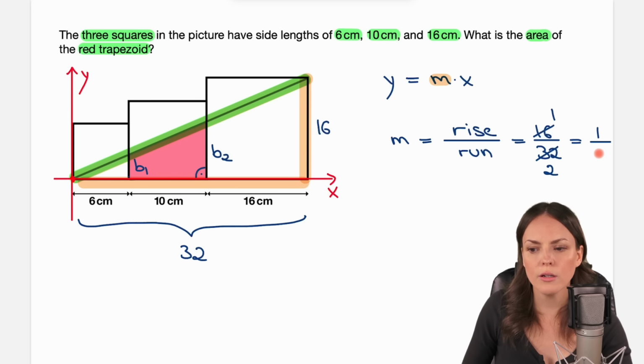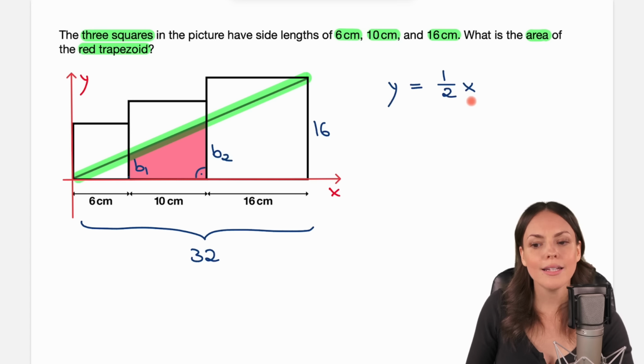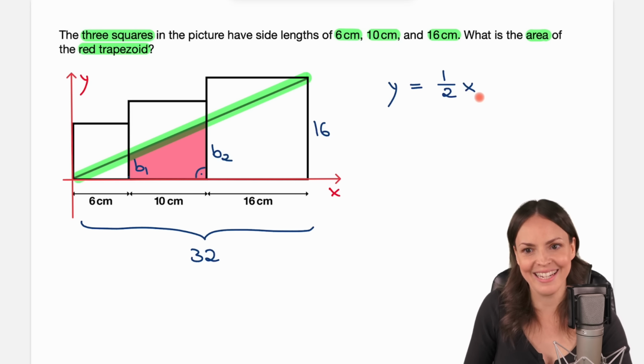So I have 1 over 2 here as my slope. So instead of the m here, I can write down 1 over 2, and this is the equation of my green line. And the question is, why did we need that in the first place?